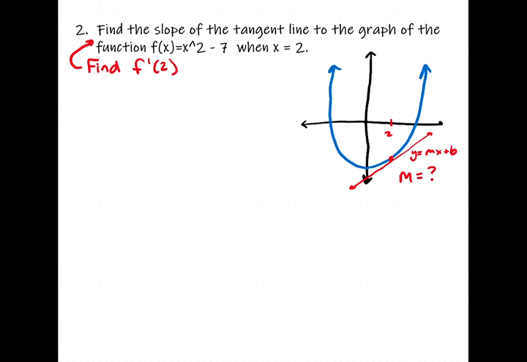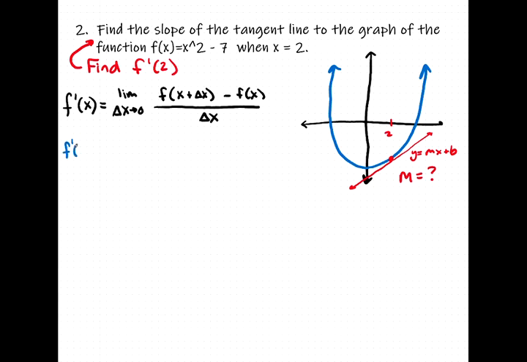And we discussed earlier that our definition of the derivative is the limit as delta x goes to 0 of the slope of the secant line, or the limit as delta x goes to 0 of f of x plus delta x minus f of x all divided by delta x. Okay, so let's apply this definition to the function that we're working with, x squared minus 7.